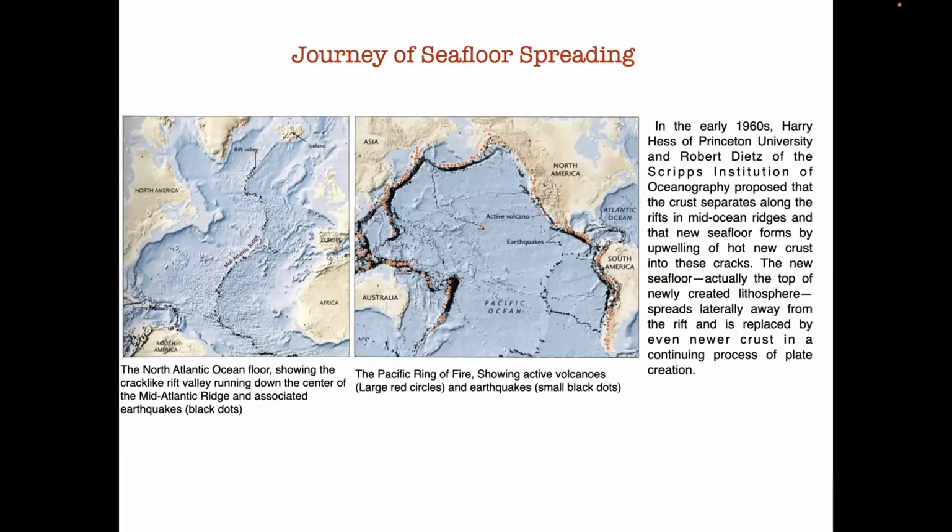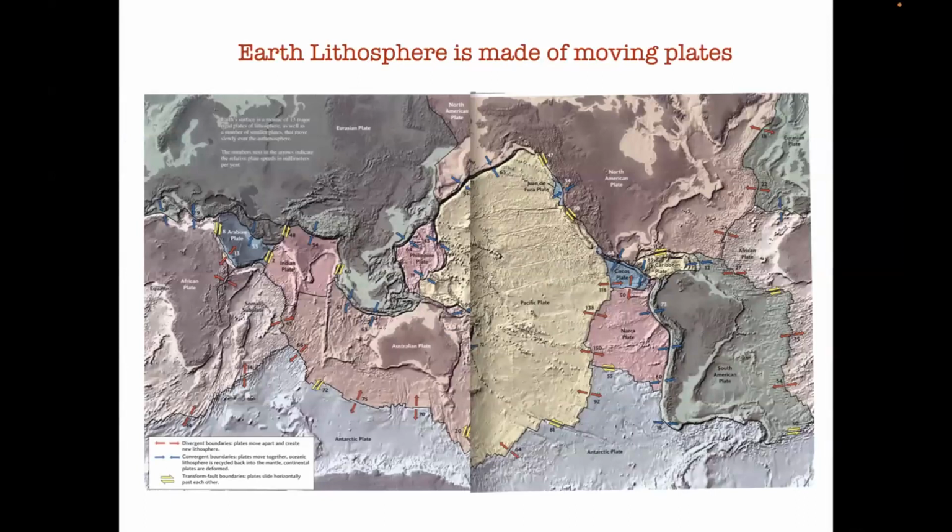So this was a concept which led us to understand the lithosphere, and scientists divided Earth's lithosphere into 13 major rigid plates, along with some smaller sub plates as well. So you can see in this map, the red arrows are showing you the divergent plate boundaries, the blue arrows are showing the convergent plate boundaries, and the yellow ones are the transform fault boundaries.